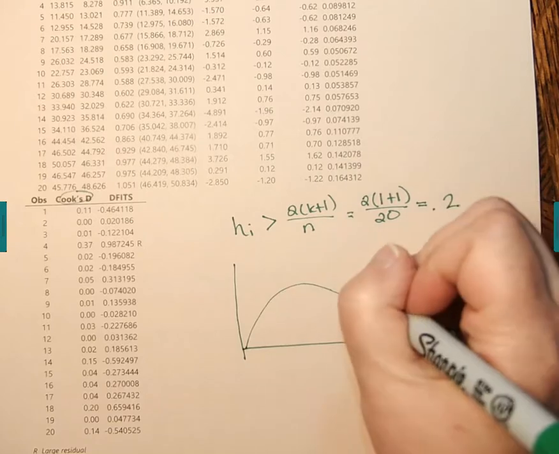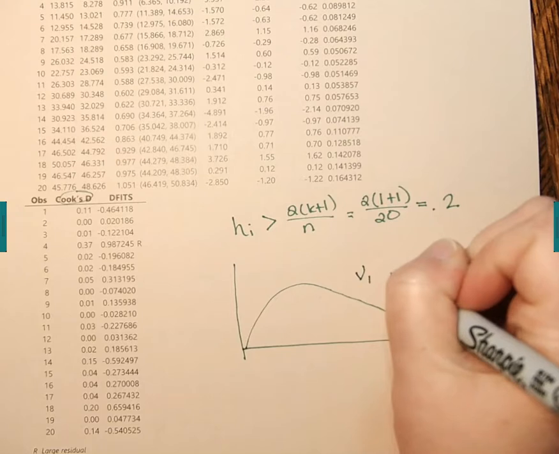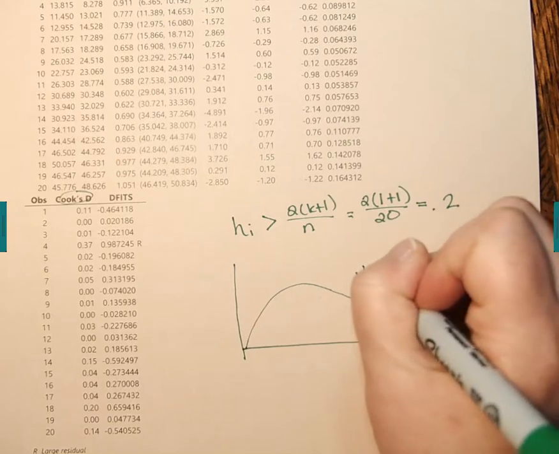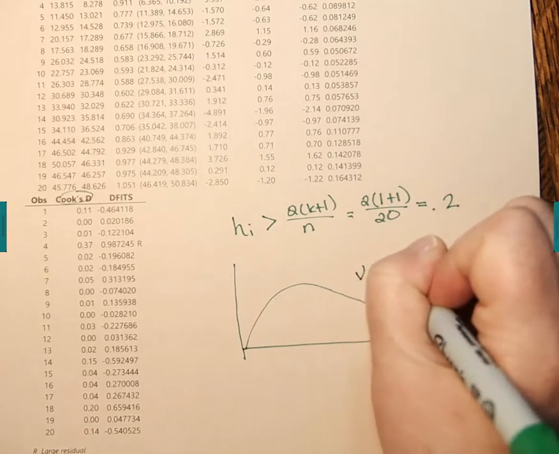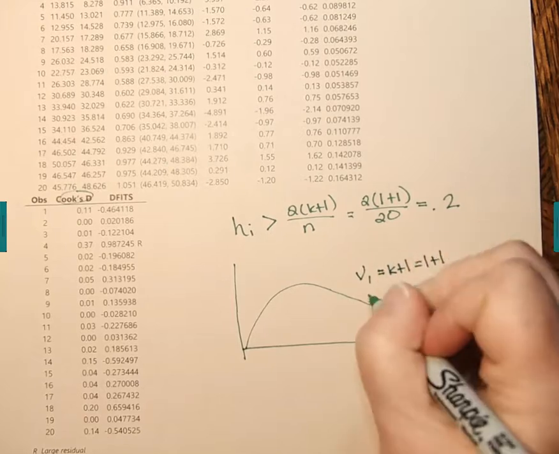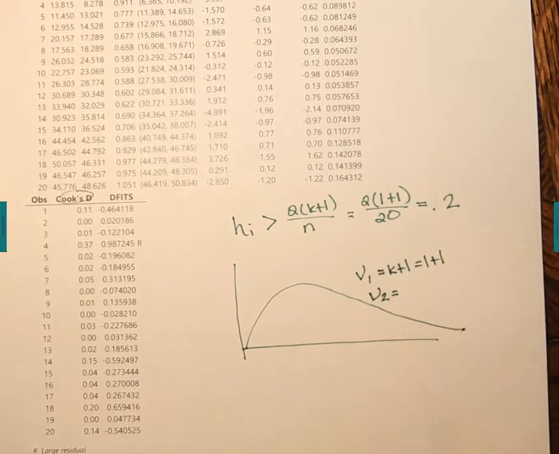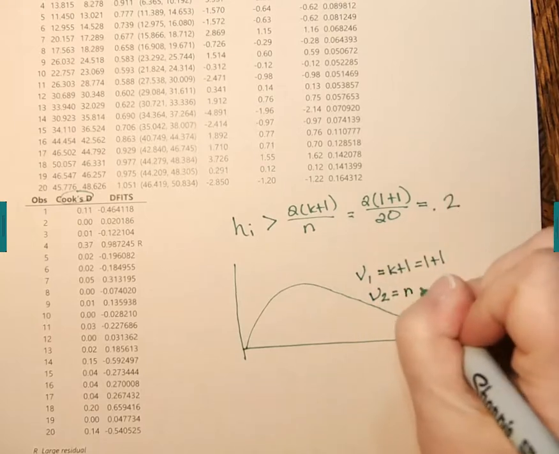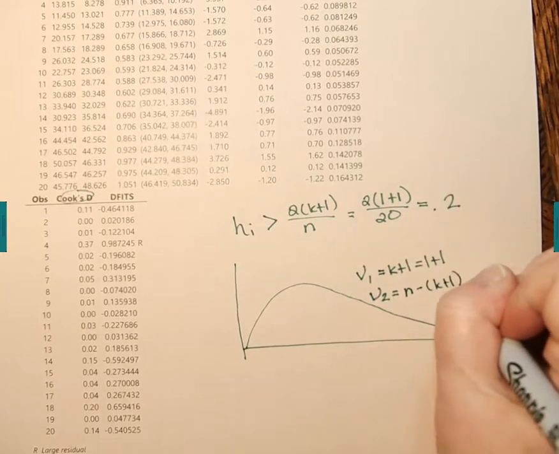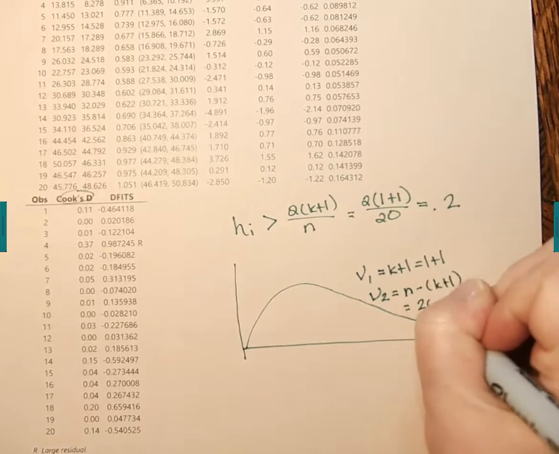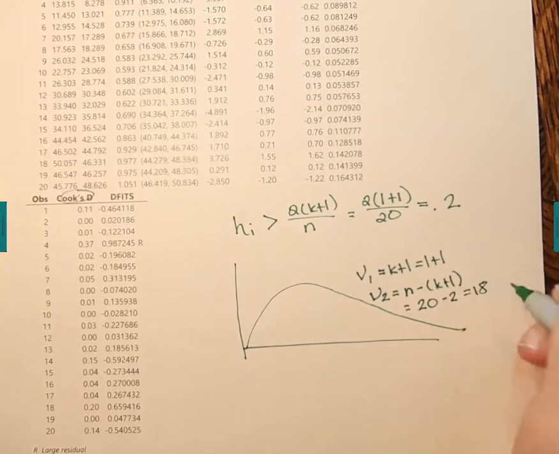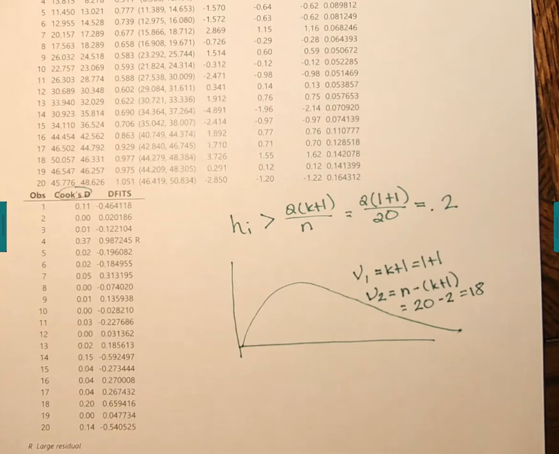For this F distribution for Cook's D, our first degree of freedom, nu1, is going to be equal to k plus 1, which again is 1 plus 1 in this case, and nu2, our denominator degree of freedom, is going to be given by n minus (k plus 1), or in this case 20 minus 2, which is equal to 18. Then we look for the 50th percentile of the F distribution with those 2 degrees of freedom.